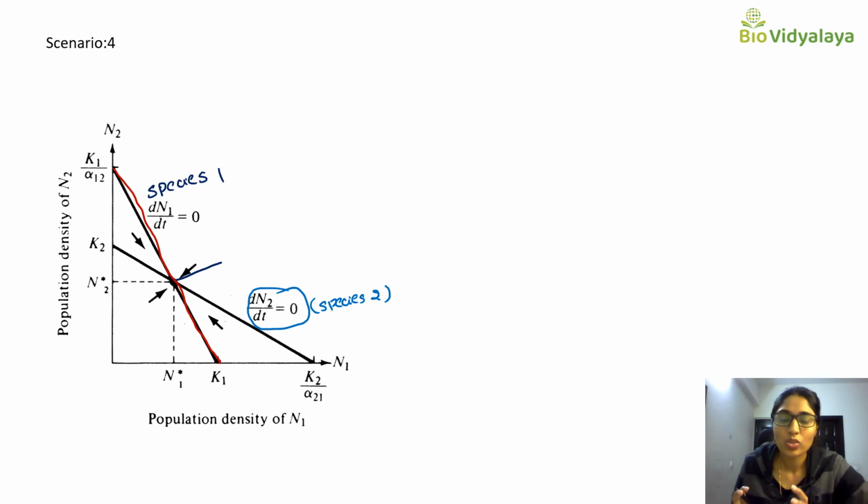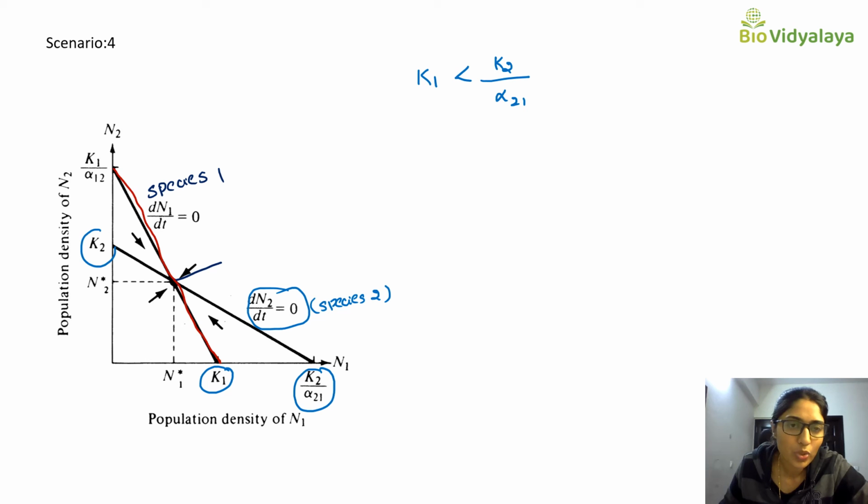And we can see that K1 is lesser than K2 divided by alpha 21. I will write here K1 is lesser than K2 divided by alpha 21, and here K2 is also lesser than K1 divided by alpha 12.